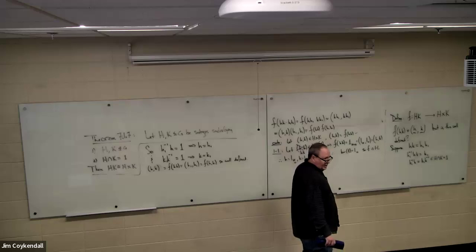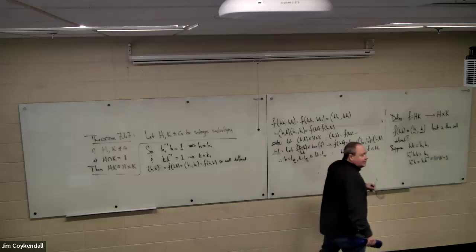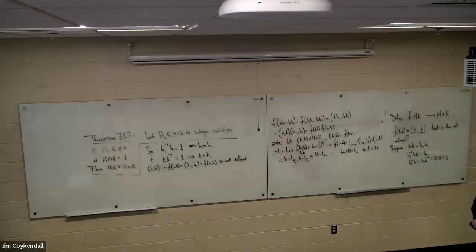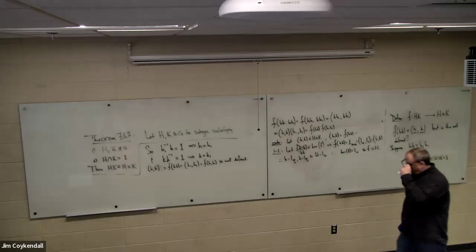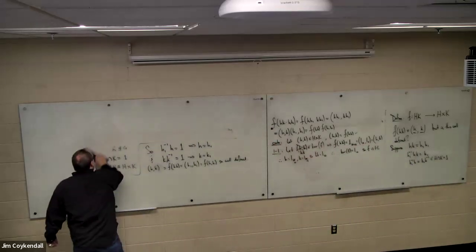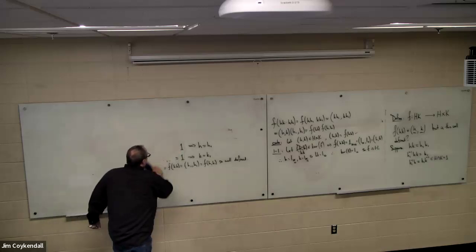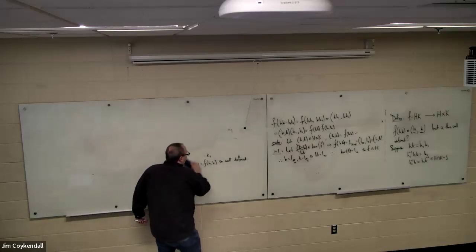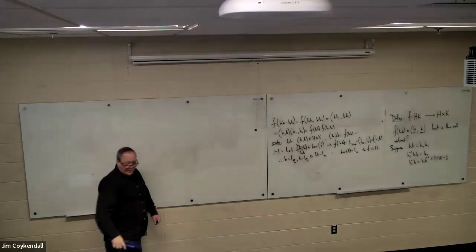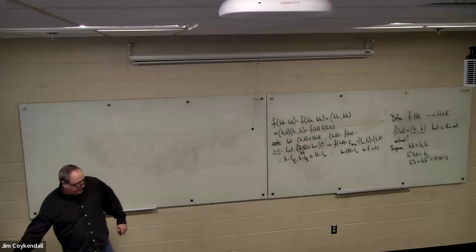One-to-one if and only if the kernel is the identity. And remember, that trick for showing that a function is one-to-one only worked for homomorphisms. If this was just a map of sets, you have to do it the old-fashioned way, where you assume f of x equals f of y, prove x equals y.